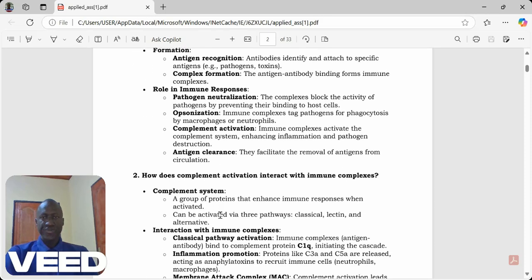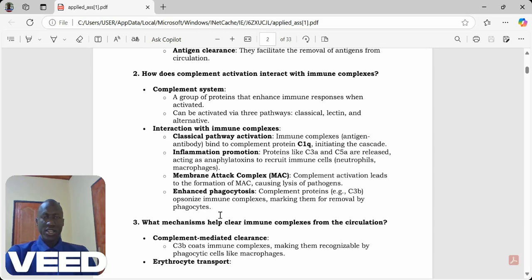Question 2: How does complement activation interact with the immune complex? The complement system is a group of proteins that enhance immune response when activated. They can be activated via three pathways: classical, lectin, and alternative.